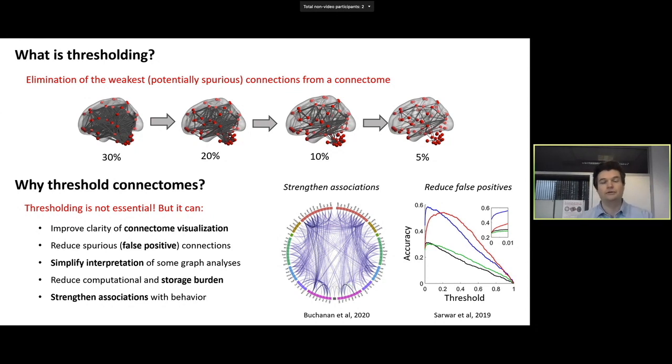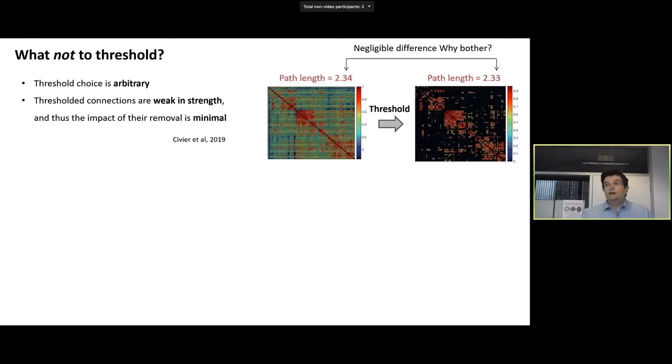For high-dimensional networks, so when we're mapping networks at the level of vertices or voxels, it can reduce storage burden. And finally, some recent work by Buchanan and colleagues has shown that thresholding can in fact strengthen associations with age and behavior. Now, the counter-argument is, you might want to consider, why not to threshold?